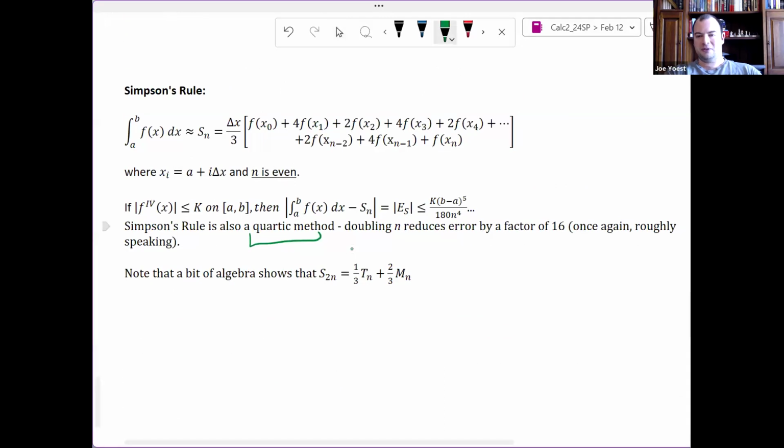For a quartic method, a 4th power method, if I do 10 times the amount of work, my error gets cut by a factor of 10 to the 4th. Right? If I do 10 times the number of subintervals, and in a sense 10 times the amount of work, I get 4 more decimal places of accuracy.